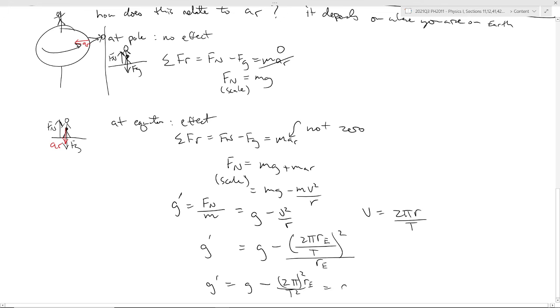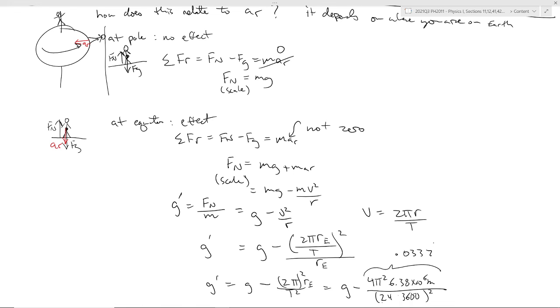We can put these numbers in: 4 pi squared, 6.386, and then we would have to put the period in terms of seconds again. And what you find is that this quantity is going to be small, 0.0337.